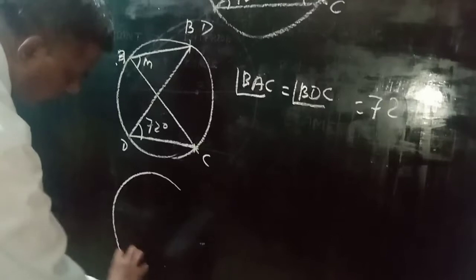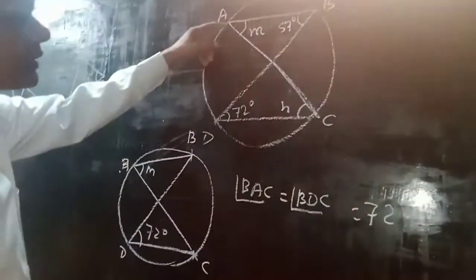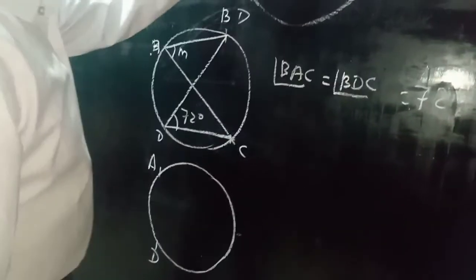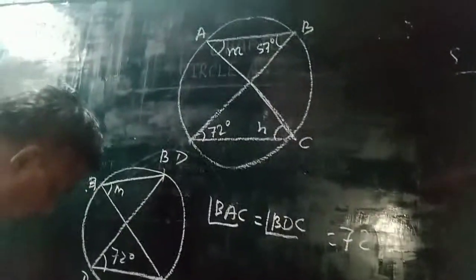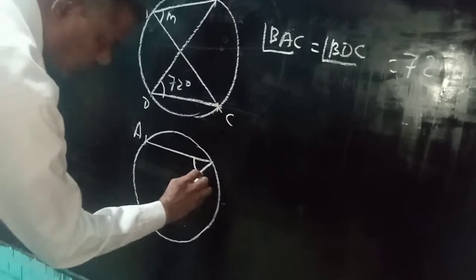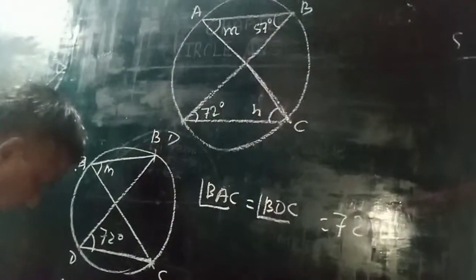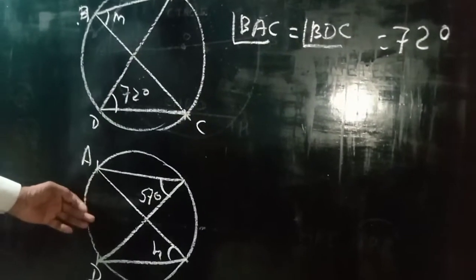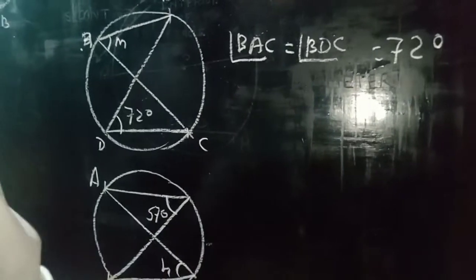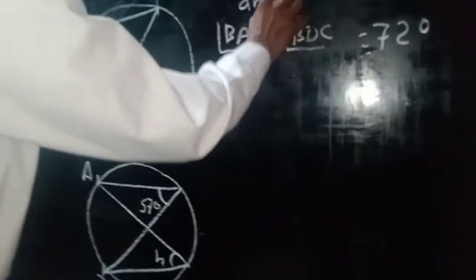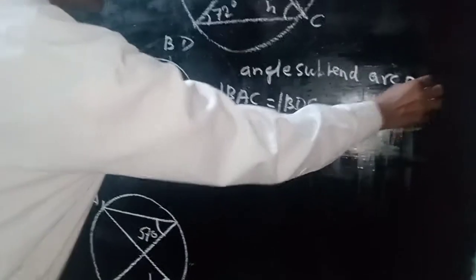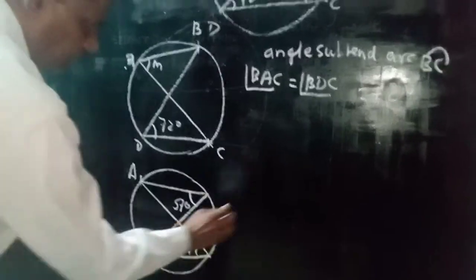Similarly, on this other side, this is position A and this is position D. This angle is ABD, which is equal to the given 57 degrees, and the other angle is unknown, given as n degrees. By the property, angles subtended by the same arc AD are equal.